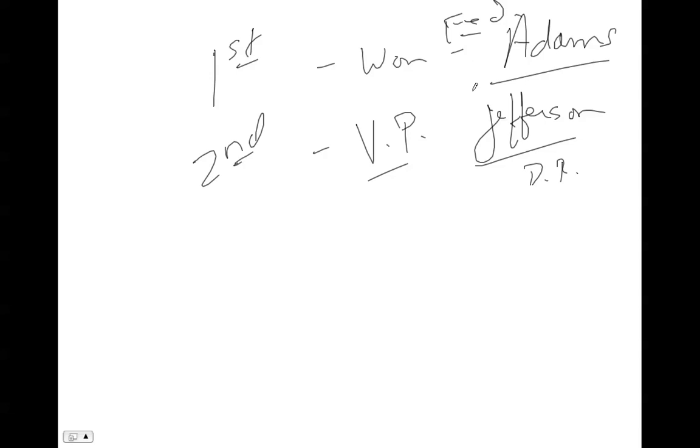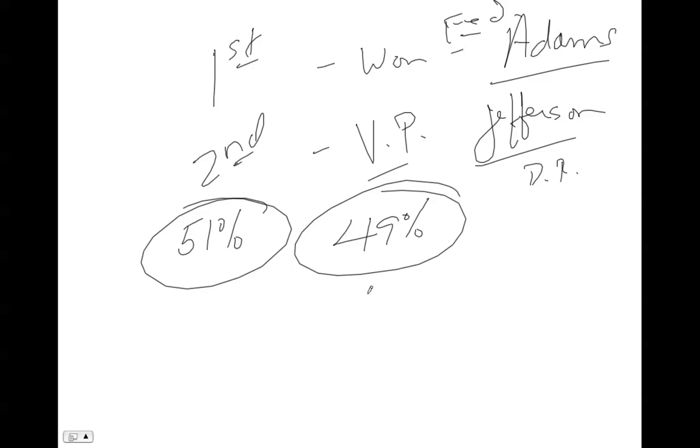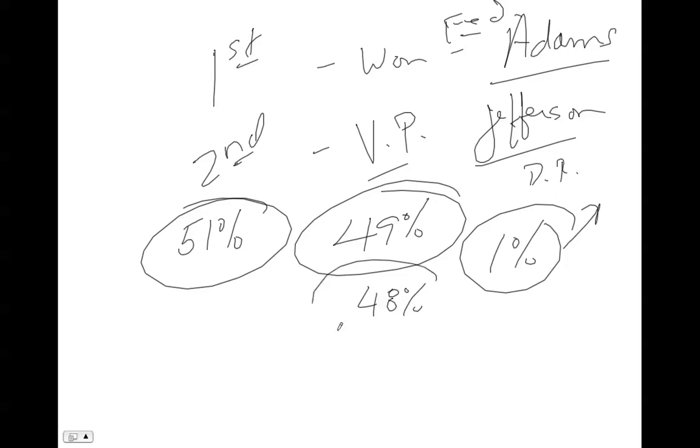So that's interesting. Some people say that they wish they would go back to that because, let's say for example, a president wins by 51% of the vote, and so that means 49% went to the other person, or 48, because there may be 1% that went somewhere else. Well, this 48% or 49% is substantial.